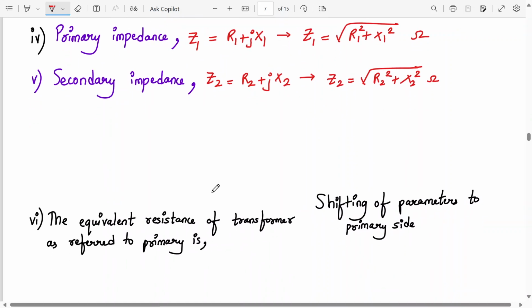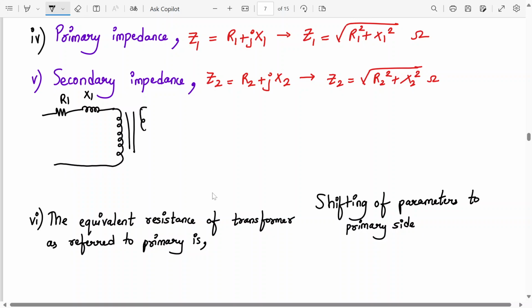So I'll be shifting all the parameters to the primary side. So please draw along with me. I have my transformer now with R1, X1 as the primary winding.